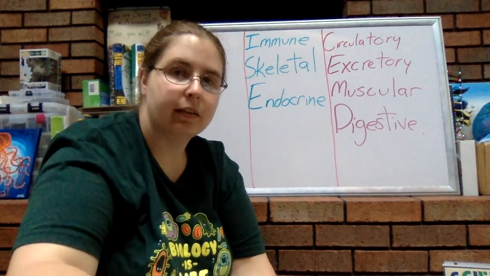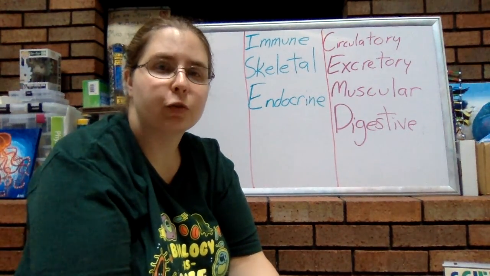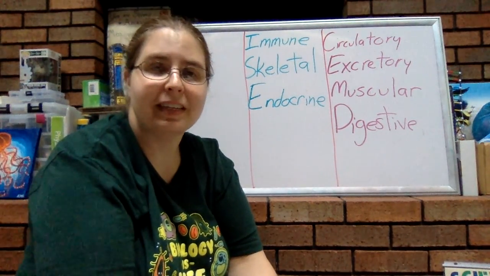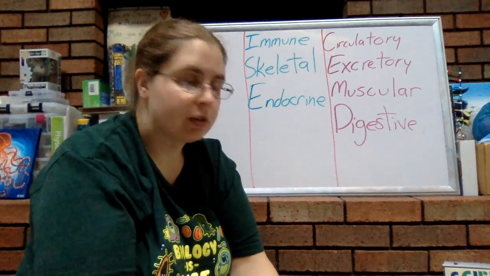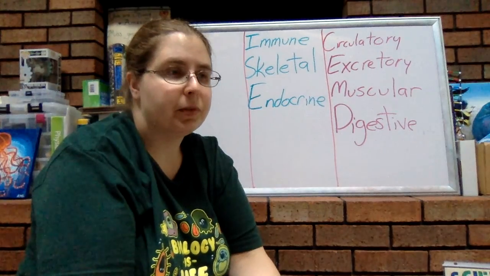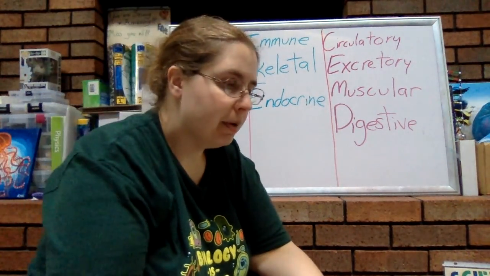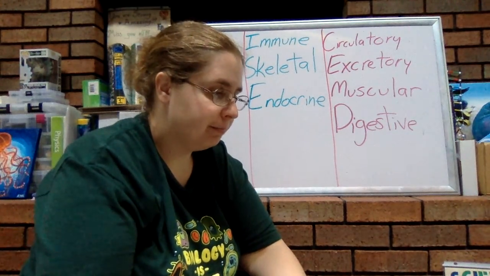The adrenal gland. All of these secrete hormones, and the point of the hormones is to keep your body functioning. So sometimes they're for growth, sometimes they're for development, sometimes they're things like serotonin to help regulate your mood, but they're all still very important.